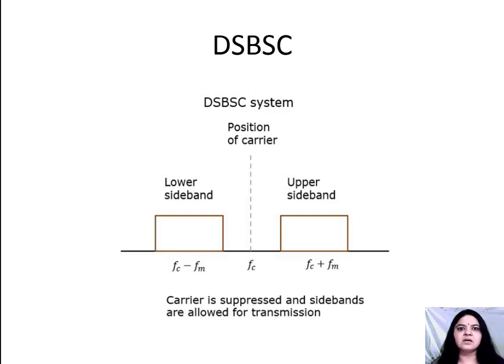So this is the spectrum of DSB-SC. fc minus fm for the lower sideband and fc plus fm for the higher sideband.